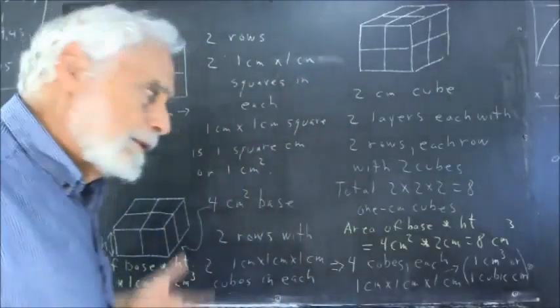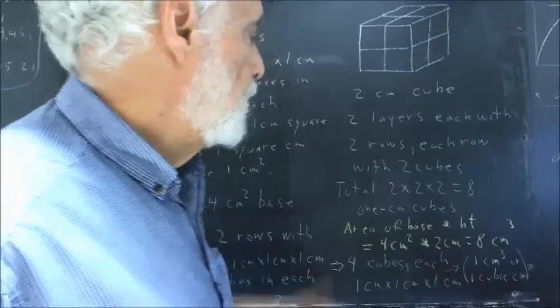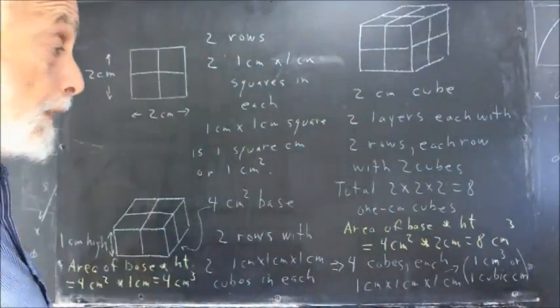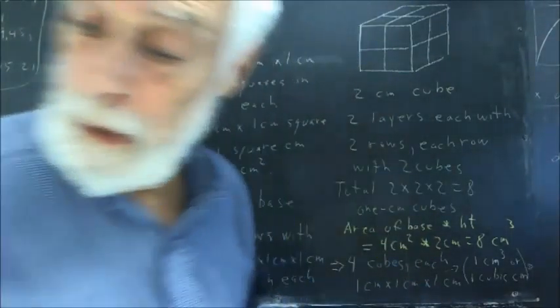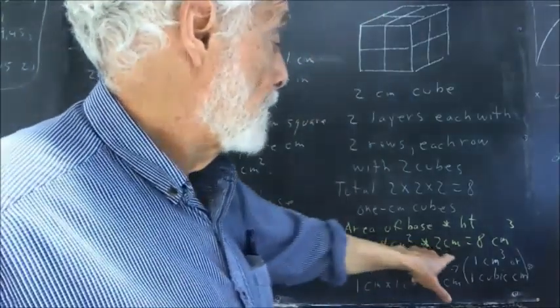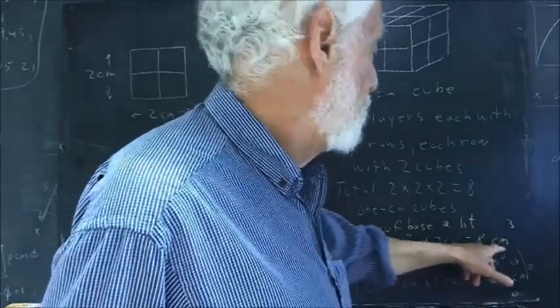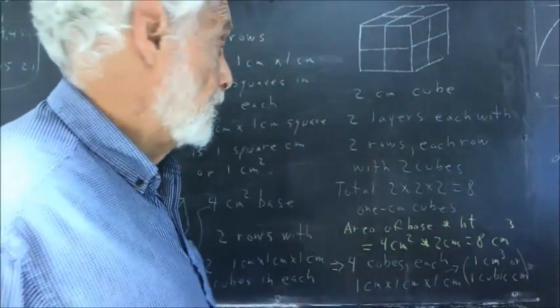Now if we use the idea that we multiply the area of the base times the height, we again get the same thing. The base is still this, 4 centimeters squared. Now we multiply by a 2 centimeter height, and I'm not going to label that, we understand that. We get 8 centimeters cubed, which is 8 cubic centimeters, which matches the volume of this very clearly because we can count the number of 1 centimeter cubes up here.